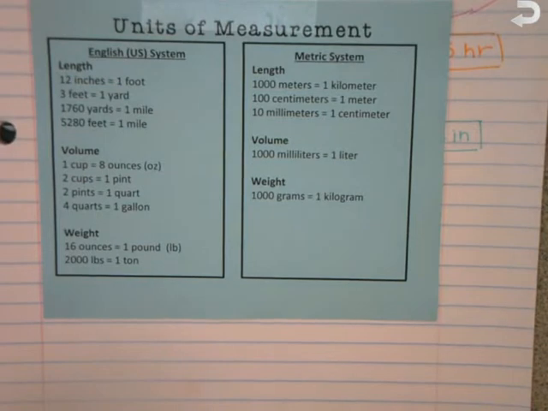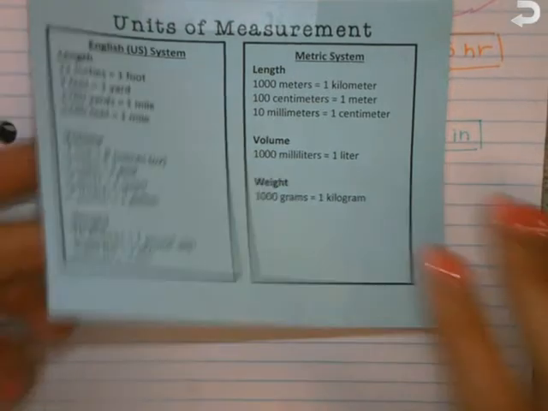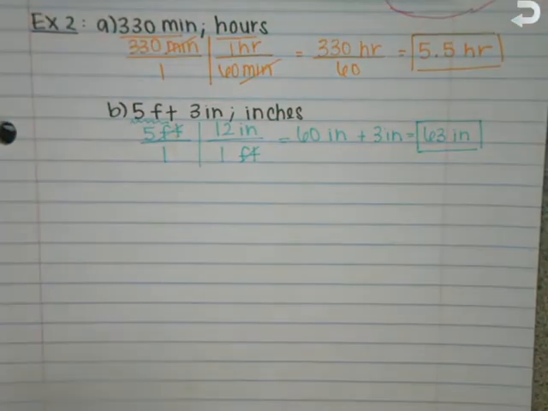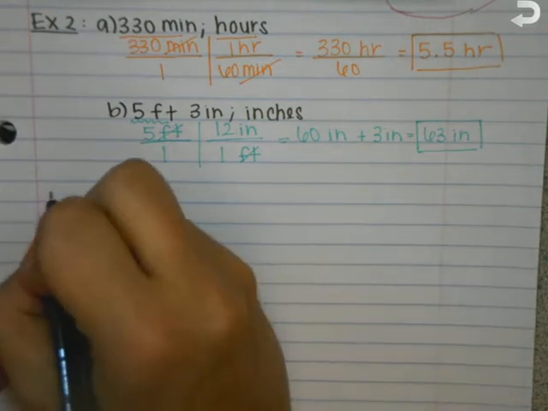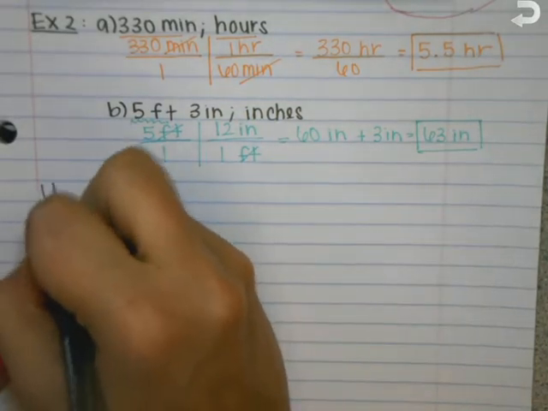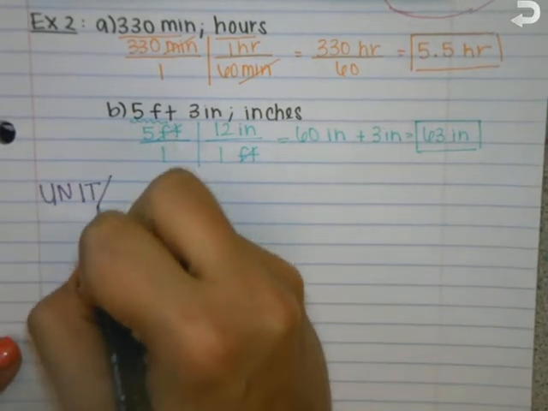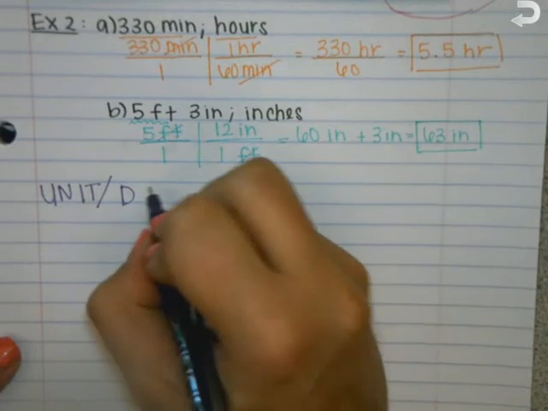So you can Google how many feet are in a meter, and it will show it to you on Google, okay? We call this, when we're doing this type of thing, unit analysis or dimensional analysis. So write that really big for me. Unit or dimensional analysis, they're the same thing.